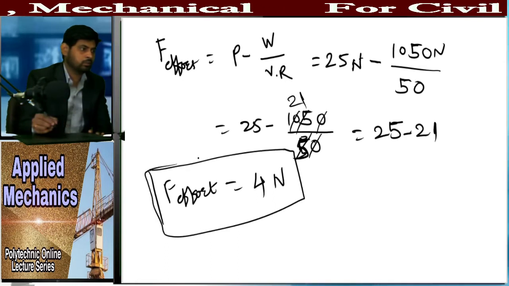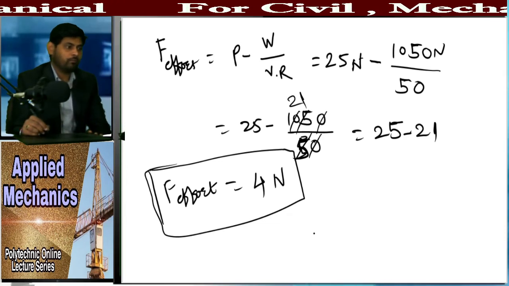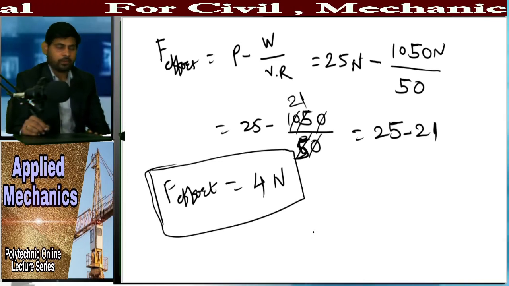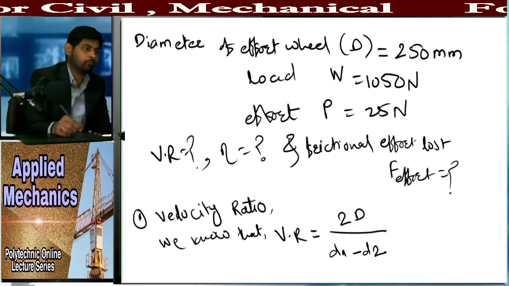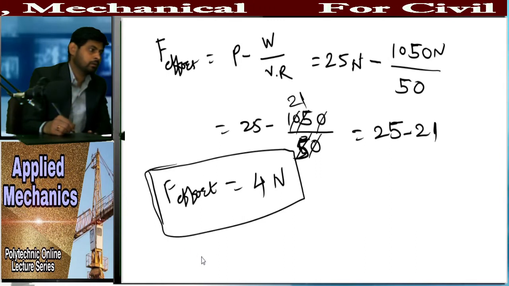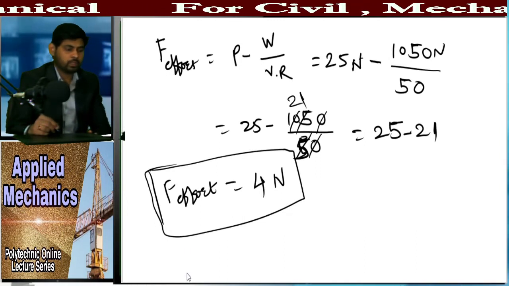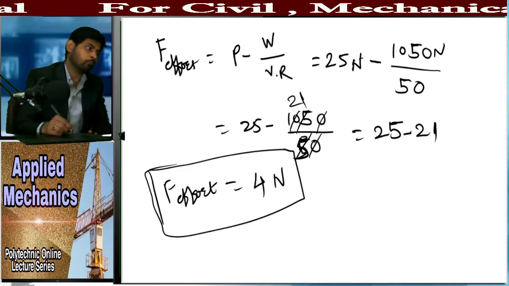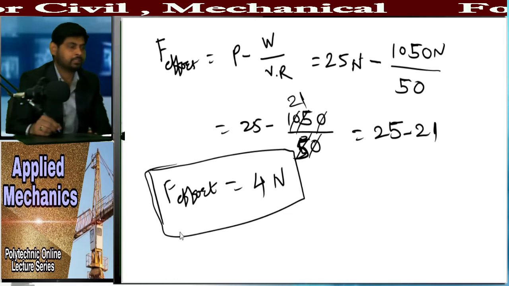So this is the value we have found, that is the frictional effort loss. So in this problem we have found the value of velocity ratio, efficiency and frictional effort loss. Similarly, we have to solve some more problems based on the differential axle and wheel.